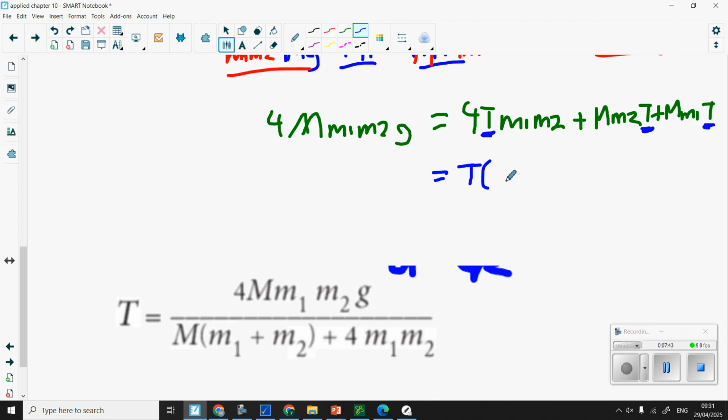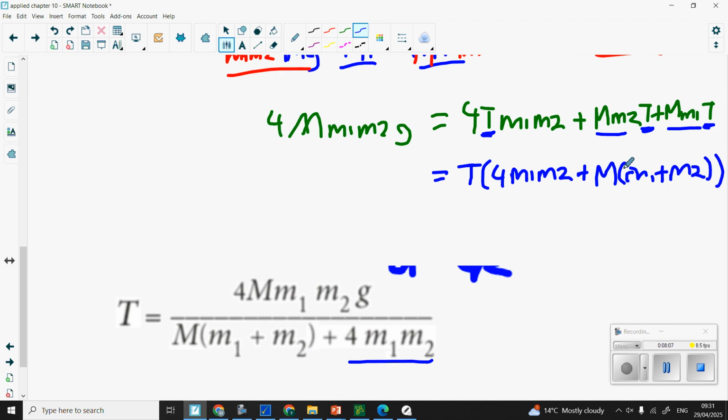So there's going to be a 4 m1 m2, which matches this part here. There's also going to be an M m2 and an M m1, which I can factorize a capital M out of, and that can have an m1 plus m2, and that's 4 capital M m1 m2 g.